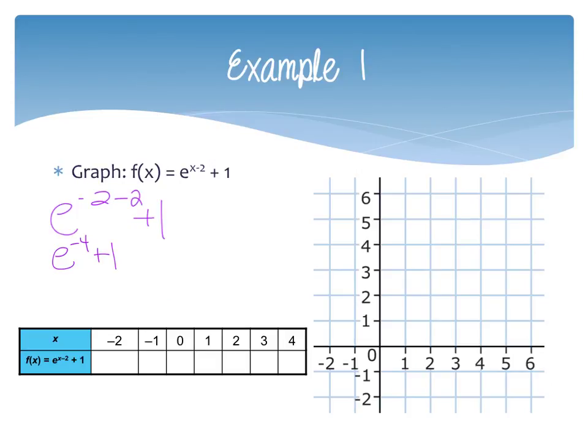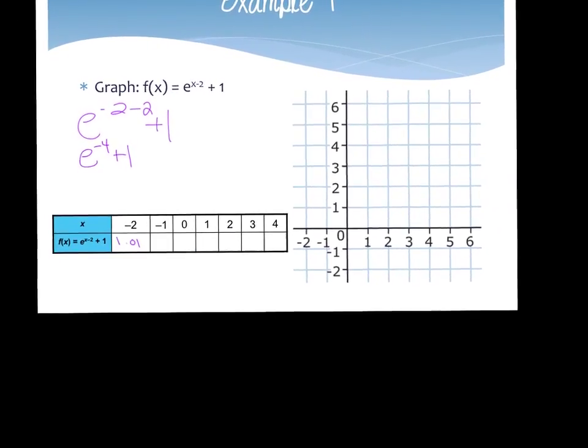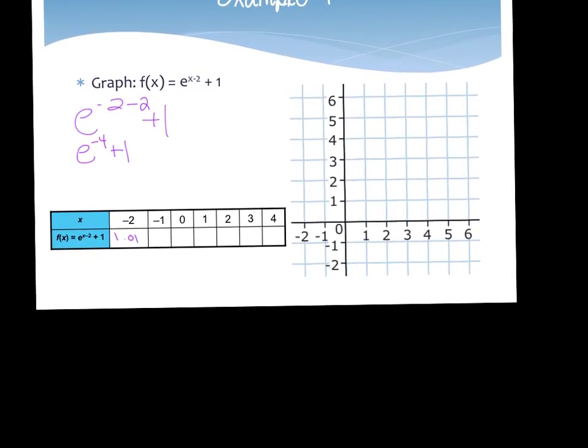Add the 1 to it. And this would be 1.01, which I'm going to obviously not plot exactly at 1, but a little smidge above it. I just kept the 0.01 because I have to know that it's not 1. Normally I would round to the nearest tenth. So it would have been 1.